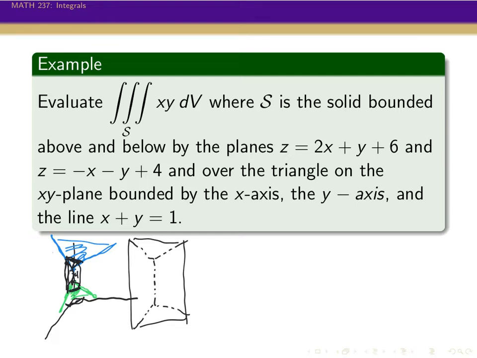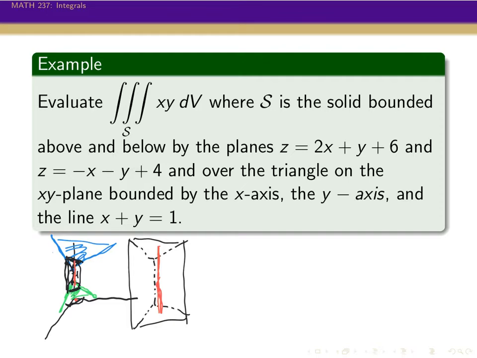Okay, and so we kind of have to pick one direction to integrate first. And this one is very much set up to integrate z first. And sort of the idea is that if you take some point on the xy plane, we're going to integrate over the z values between it. So we're going to integrate over a straight line going up.